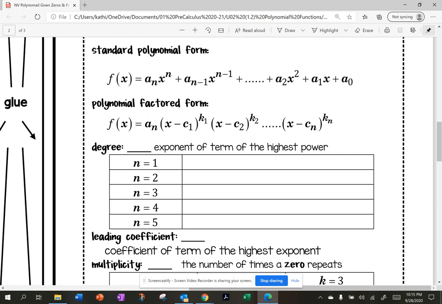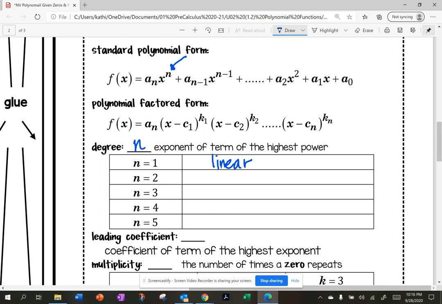I know what the degree is. The letter I use to talk about the degree is n, and it is the exponent of the term of the highest power. If the degree is 1, I know I have a linear equation.